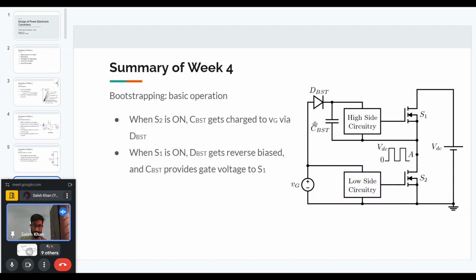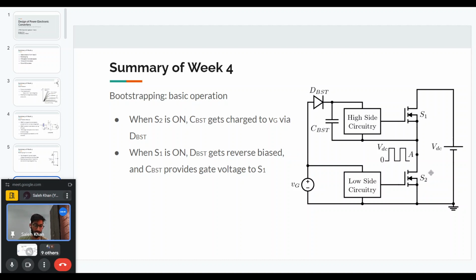If we assume that C bootstrap is discharged initially, then the diode point will also be at ground potential. And on the cathode side of the diode, we have 15 volt. That is why the bootstrap diode will be forward biased.